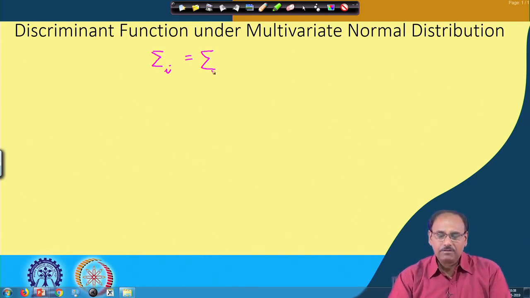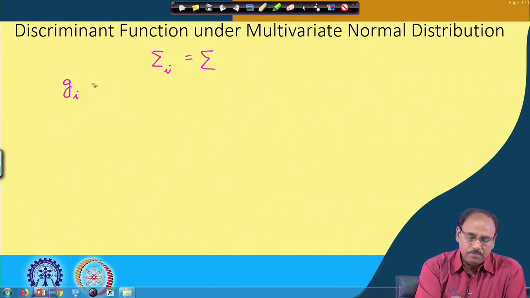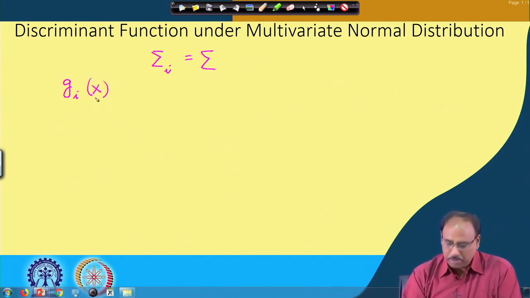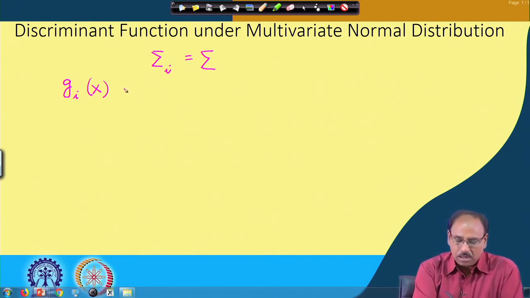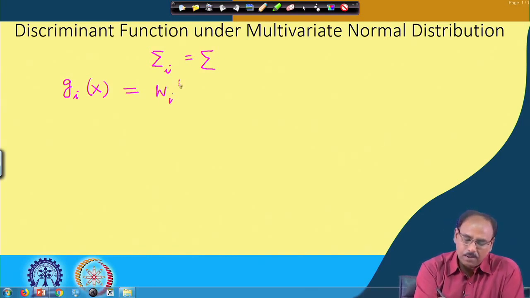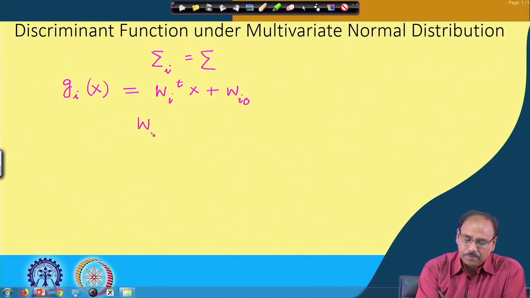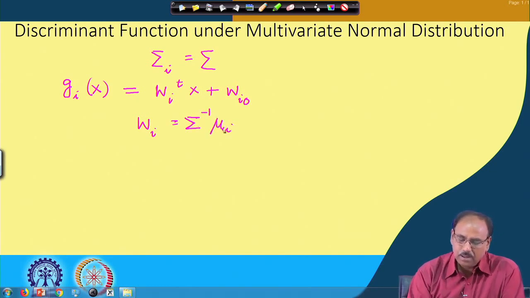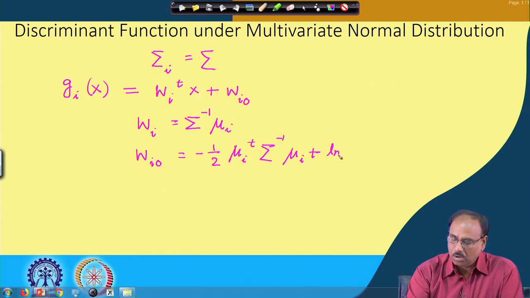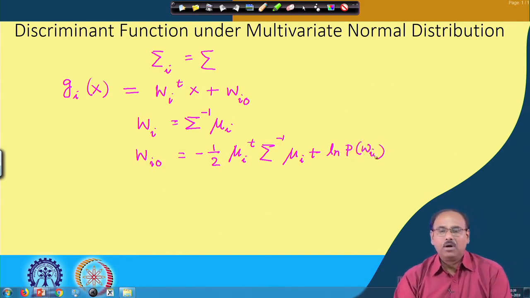Given this case, we computed in the previous class that the discriminant function of the ith class is given by g_i(x) equals W_i transpose x plus W_i0, where W_i is sigma inverse mu_i, and W_i0 is simply minus half mu_i transpose sigma inverse mu_i plus log of P(omega_i), where P(omega_i) is the a priori probability of class omega_i.